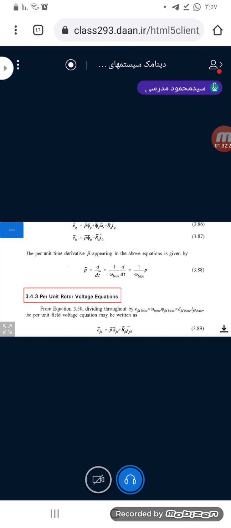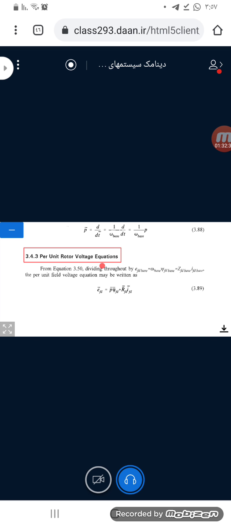Because rotor is different with stator. From equation 3.70, dividing by E_FD base, which is equal to omega base psi_FD base, is equal to R_FD multiplied by I_FD base.